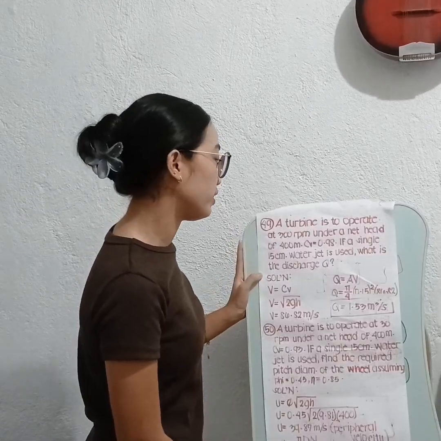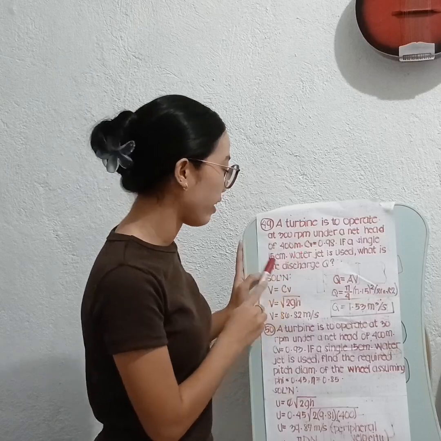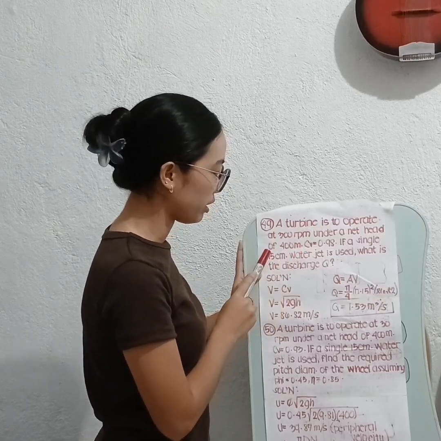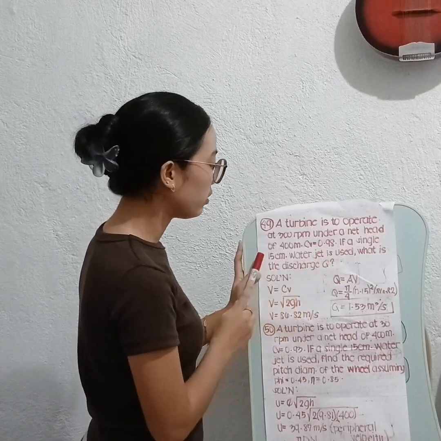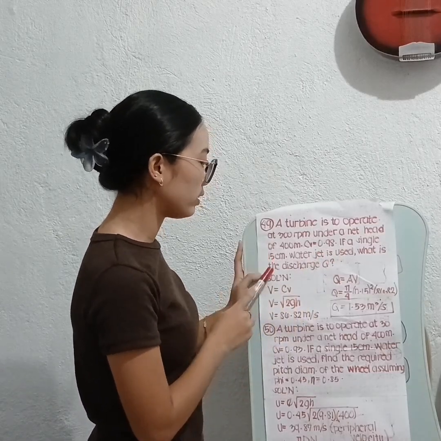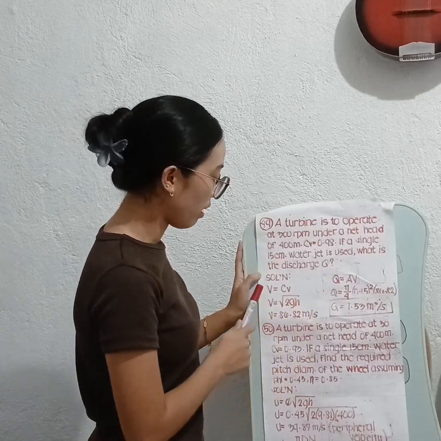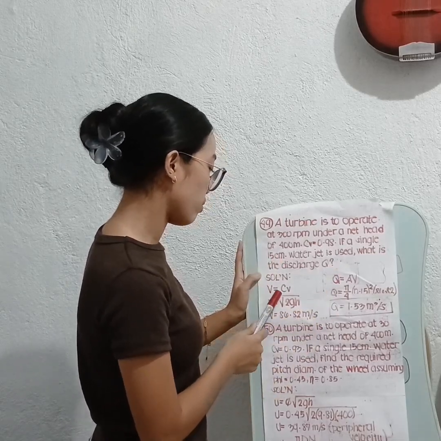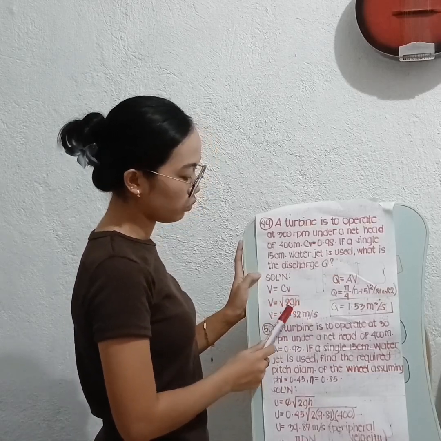A turbine is to operate at 300 revolutions per minute under a net head of 400 meter. So CV is equals to 0.98. If a single 15 centimeter water jet is used, what is the discharge or the Q? We have the formula here. V is equals to CV square root of 2GH.